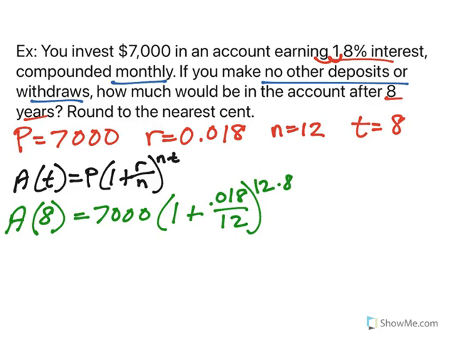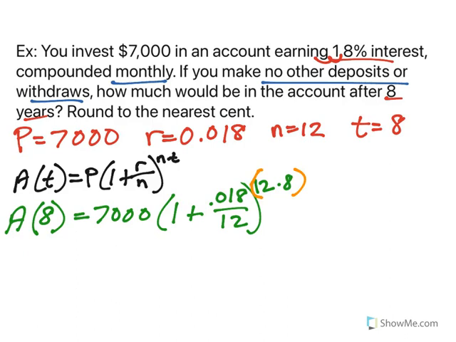Now, you can absolutely type this into your calculator exactly like you see it. The only thing I would recommend is that you put 12 times 8 in parentheses after either the caret or you might have a y to the x button. Either one of those shows that you're dealing with an exponent. That's important. But if you do that, it should come out nicely.